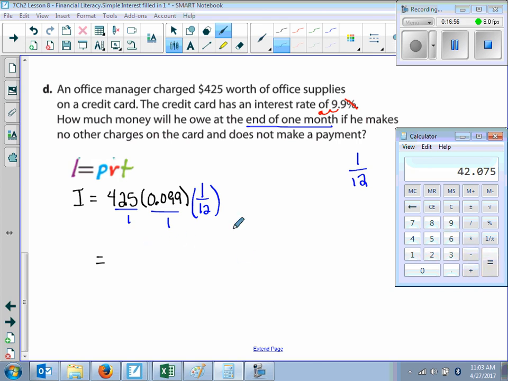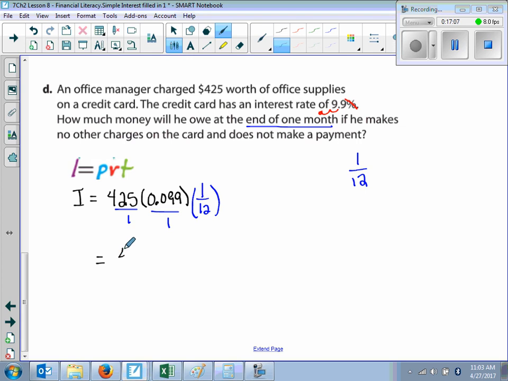times 1, of course, is going to give us, and even though I don't want to round until the very end, okay? So I'm going to put that entire thing in there. So that's 42.075. And then in the denominator, we have 1 times 1 times 12, which is 12.